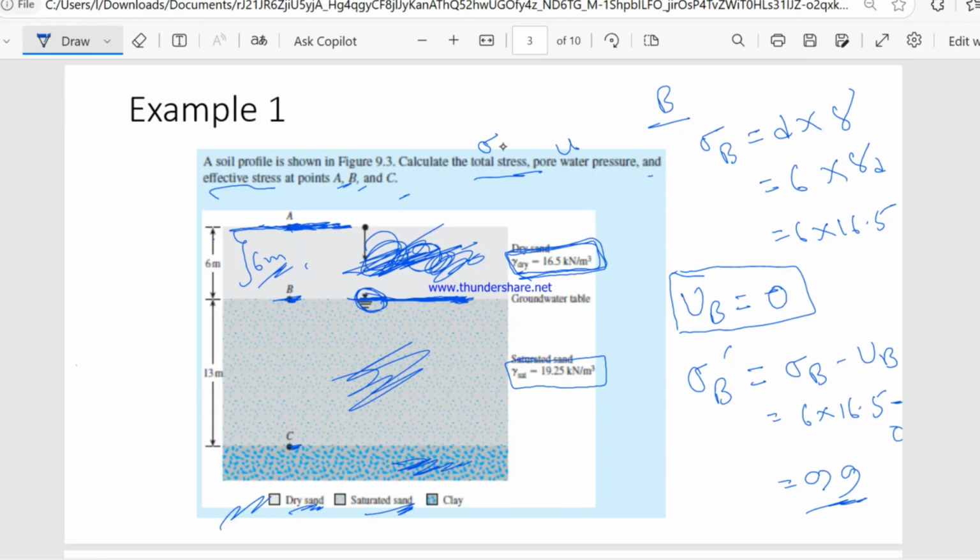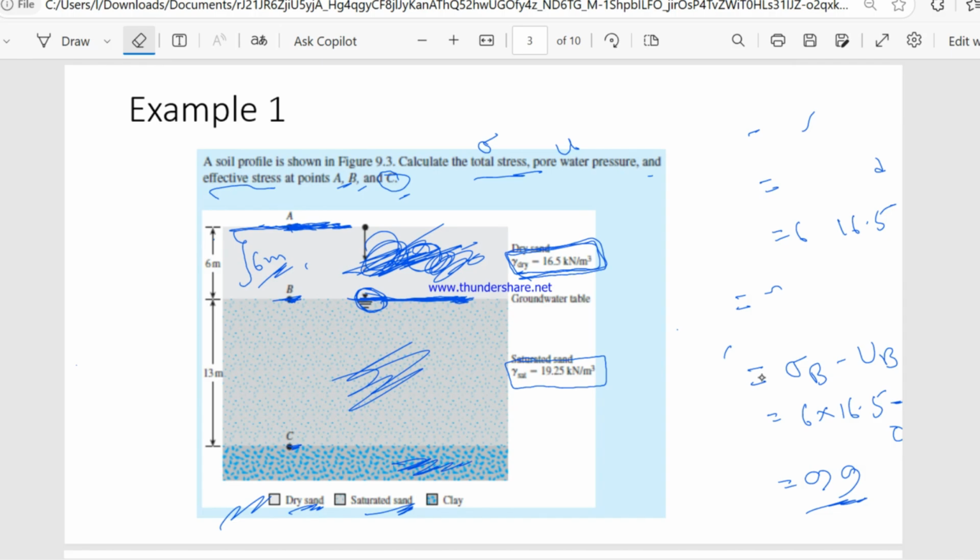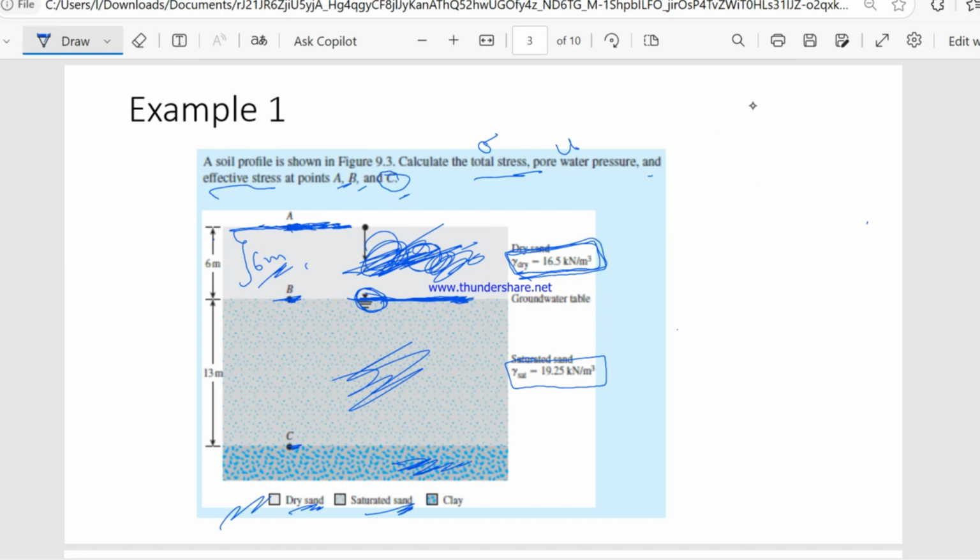Let's calculate the total stress, pore water pressure, and effective stress at point C. So this is point C. The total stress will be distance into unit weight.